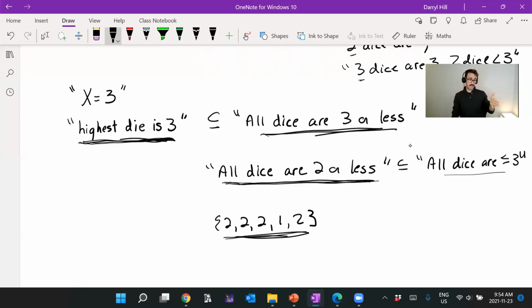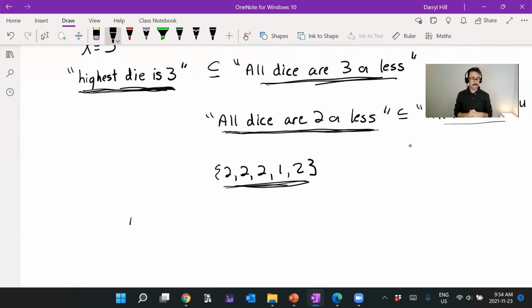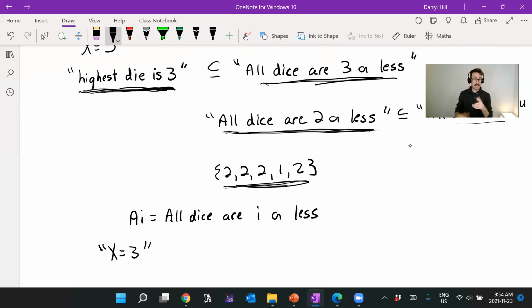So then if I define an event Ai is equal to all dice are i or less, then I could say the event that X is equal to 3 is equal to A3 minus A2.